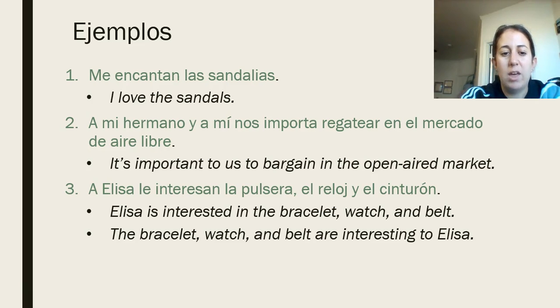Or we could say that the bracelet, watch, and belt are interesting to Elisa. Either one of those would be the same in Spanish. Notice that we use interesan in number 3 because we're talking about a list of things. We're using importa in number 2 because we've got a verb that follows, regatear. And then we've got encantan because we're talking about las sandalias, they're plural.